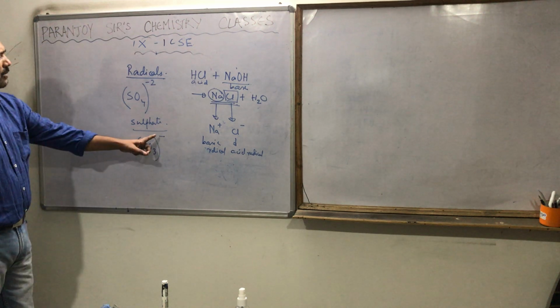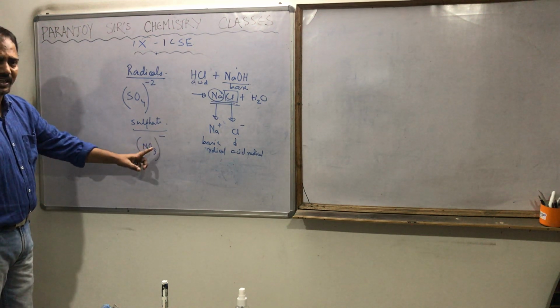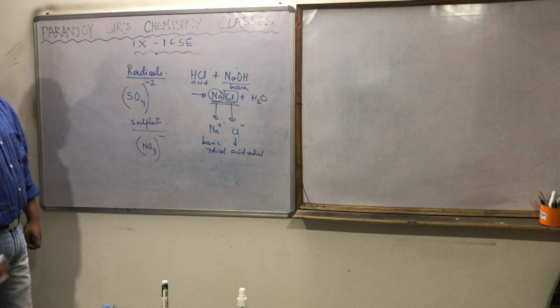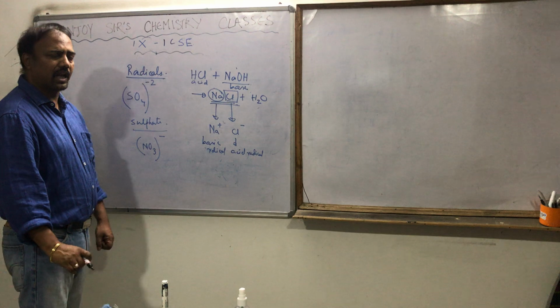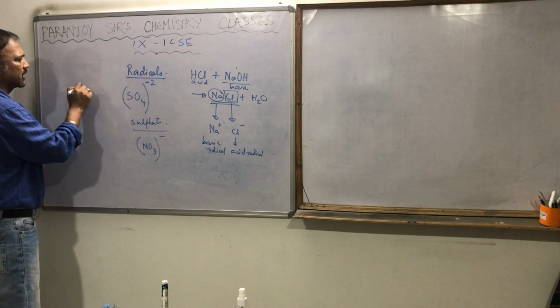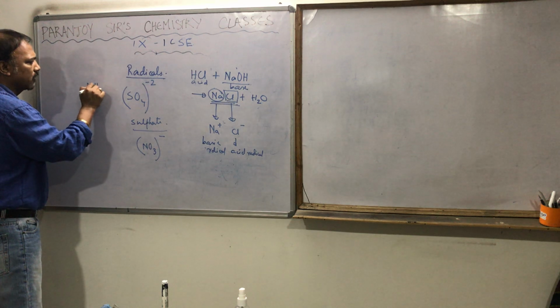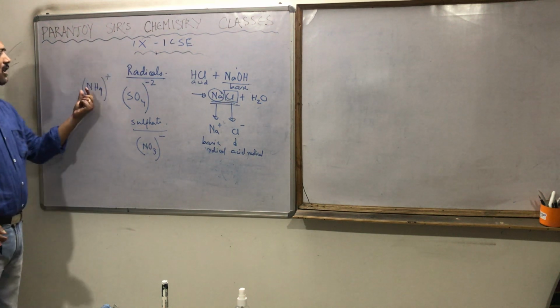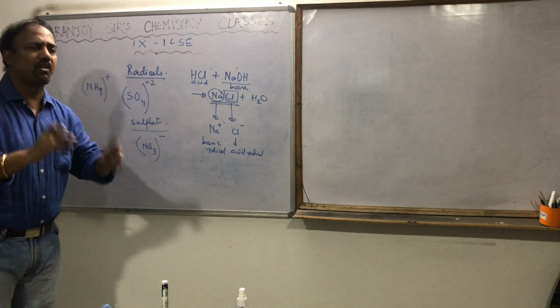Minus means -1, that's its valency. That is called nitrate. That's one entity. It's neither nitrogen nor oxygen, it's just one entity, and it's a radical. I wrote 2 negative, I'm writing 1 positive also. NH4 positive. This is neither nitrogen nor hydrogen. It's called ammonium.